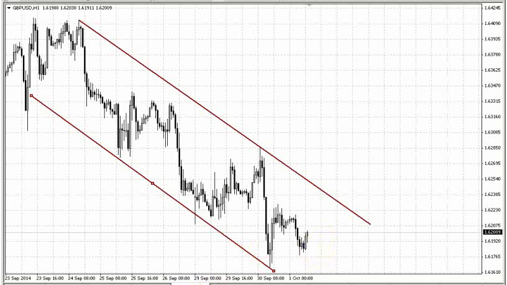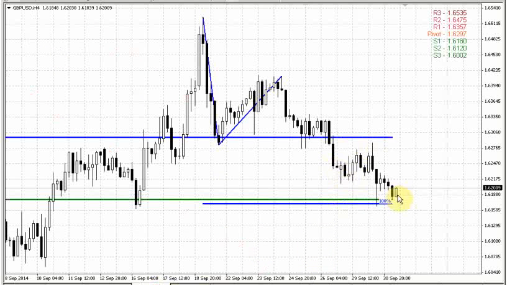How could it happen? For example, the market could form some small head and shoulders pattern or something of that sort. But we suspect that mostly the key to the solution of this situation will be the non-farm payrolls release. That's why I think we need to keep a close eye on the ADP report, because the ADP report has a very strong correlation with the non-farm payrolls release.